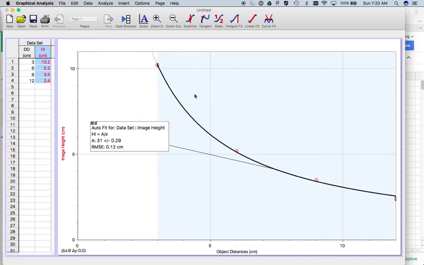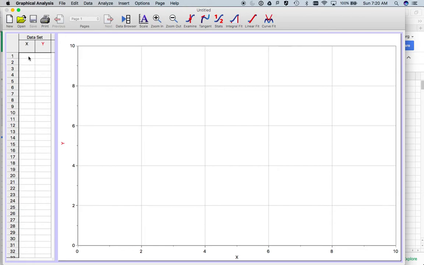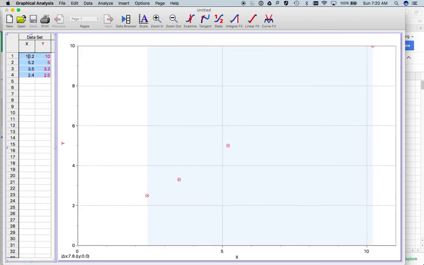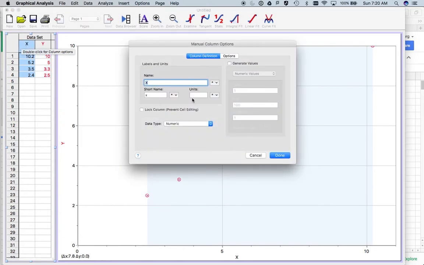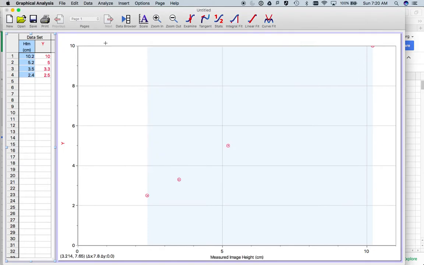I'm not going to save that. I'm going to just put that in here. And of course, I go back to my thing. This first one was measured image height. So HIM in centimeters.